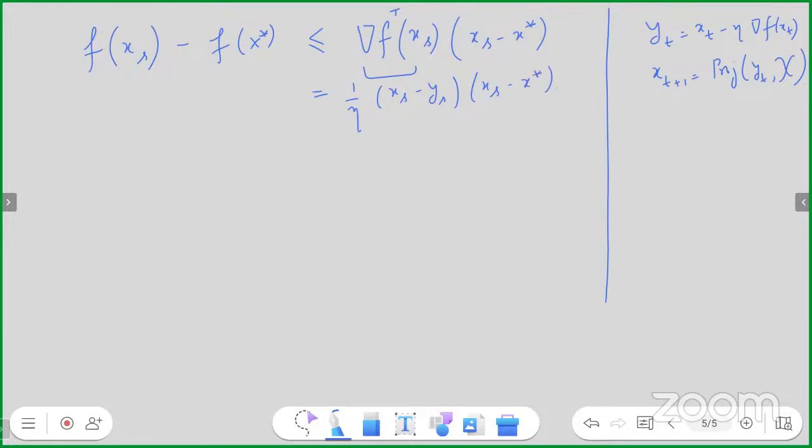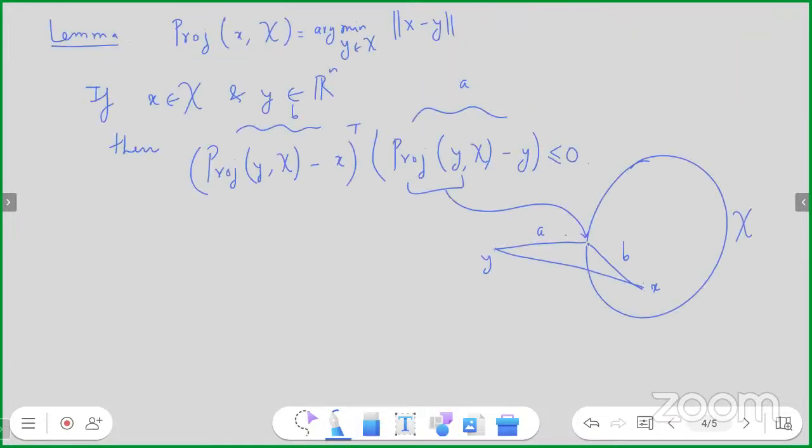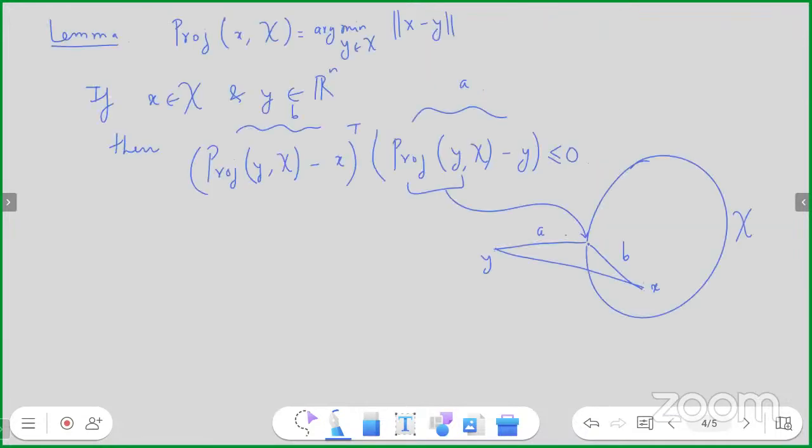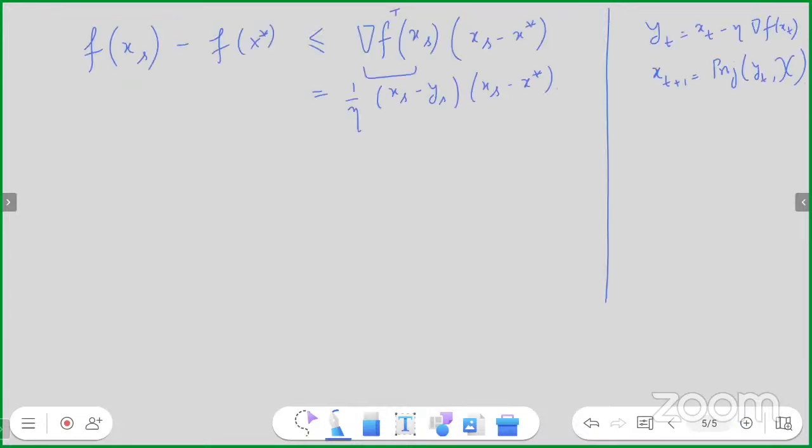Okay. Now this is in some form of this type. Notice that this inequality does not require y to be feasible. Exactly like we didn't care about y being inside X. It could be anywhere. And what is the projection? Xs is a projection. X star is also sitting inside X. So I can apply that inequality.